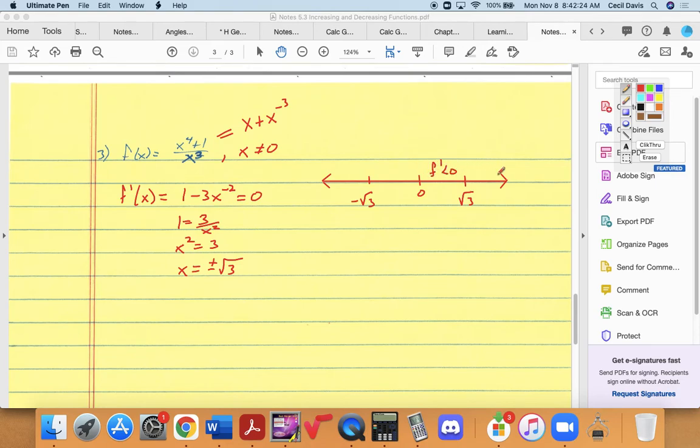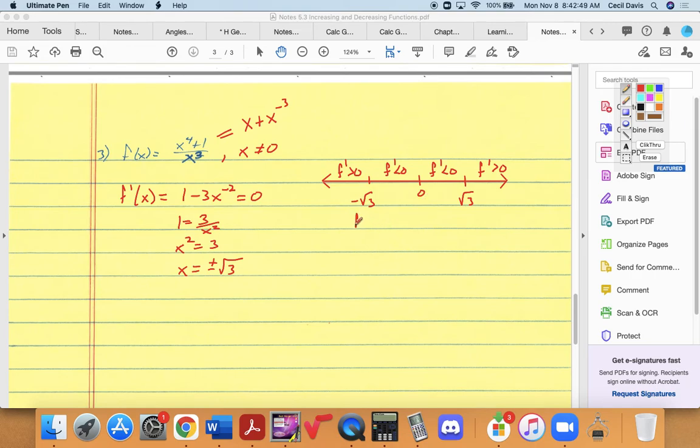F prime here is negative. F prime here is positive. If I substitute a negative 1, I still get f prime negative. Since we know that each of those is a sign change, if we found one, could we just know every other one? Yeah, got to be careful that there's not a sign change at 0.